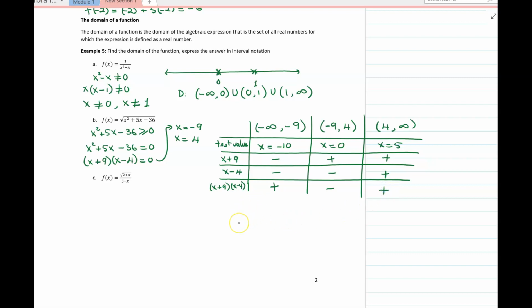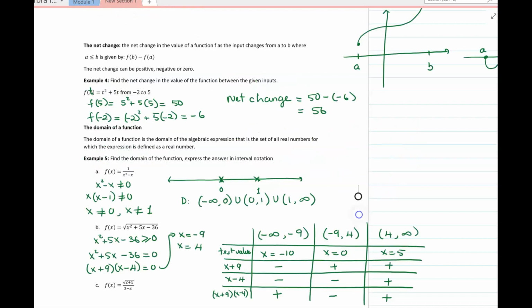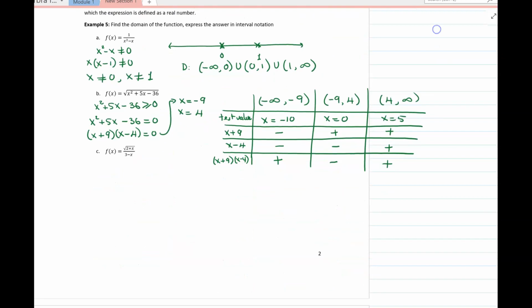This would mean the interval in which x squared plus 5x minus 36 is greater than or equal to 0 is from negative infinity to negative 9. And because we want it to be greater than or equal, we include the endpoint, and union with 4 to infinity. So this is the domain of that function.